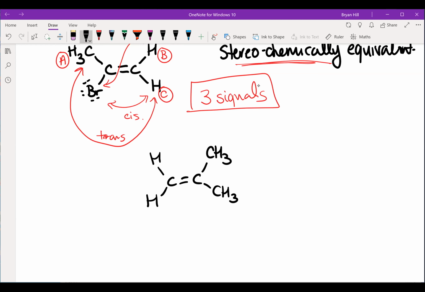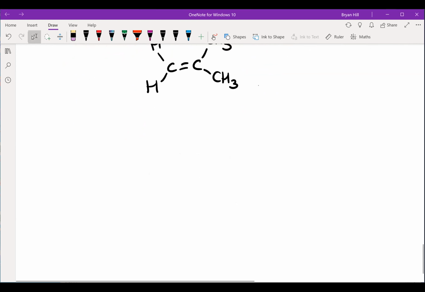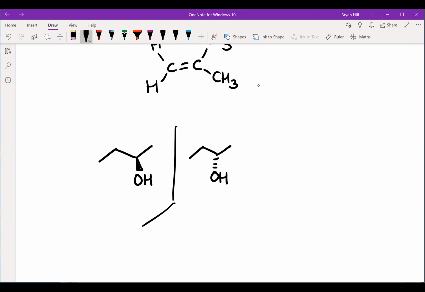One of the interesting things, for those of you who just did stereochemistry in the organic class: if we've got two enantiomers here, let's just draw it like this. How many different signals should we see in the spectra for this compound on the left? How many different protons are there?